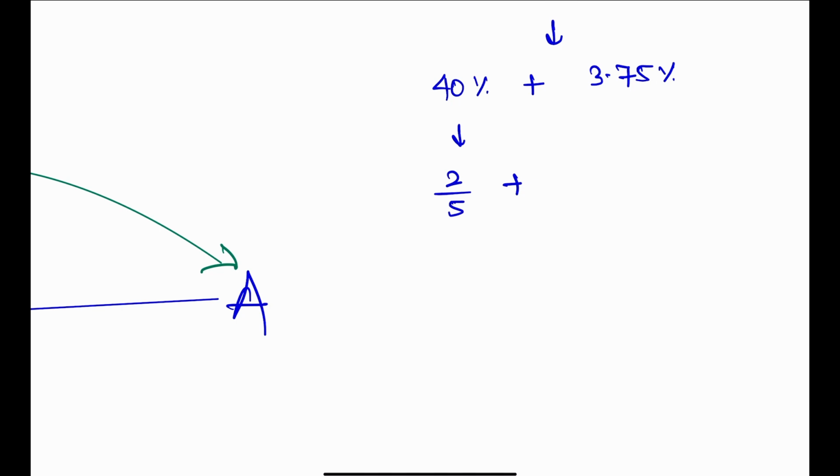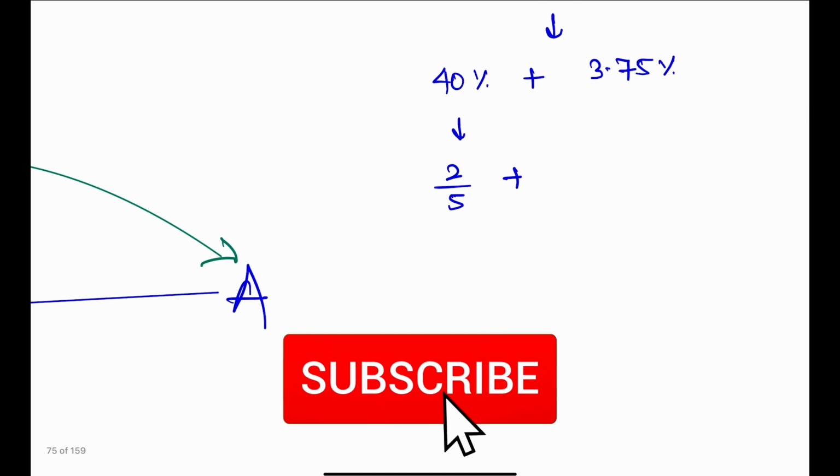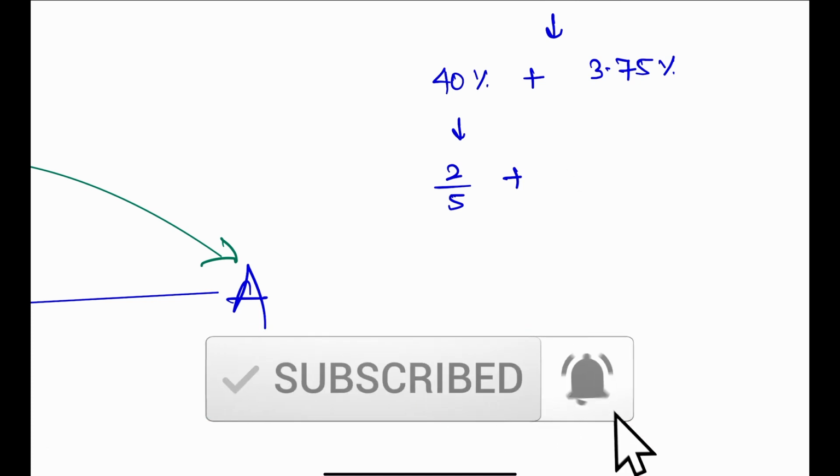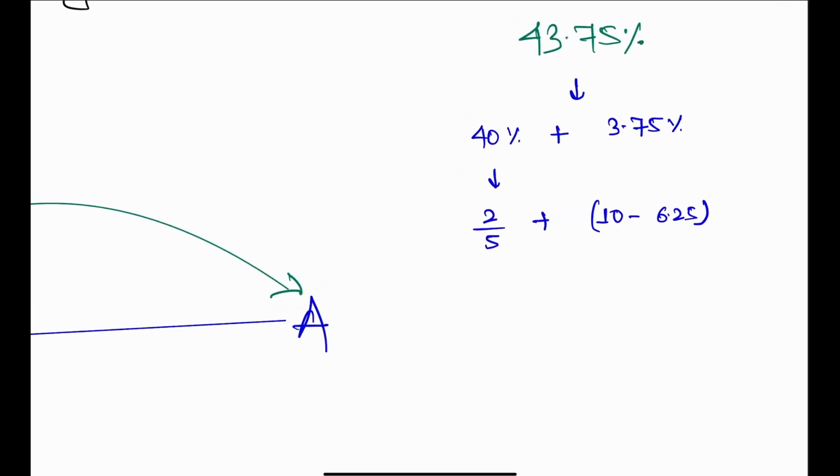So I can use it as 10 minus 3.75, 6.25. Yeah, but if I can do this, why not this one?